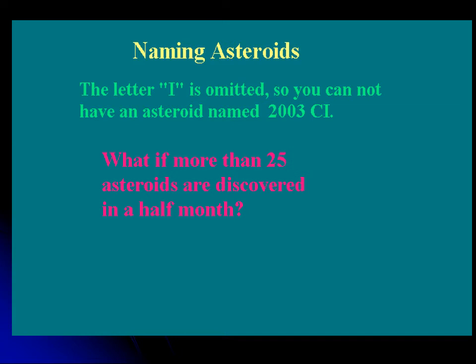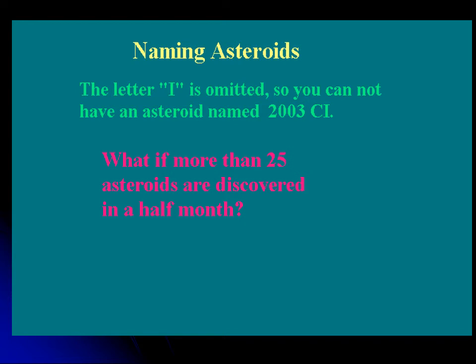Now, for a long time, there was only a handful of asteroids being discovered, and then it got more and more. But you still had only a couple, 2 or 3 dozen discovered per month. And so this system worked just fine, except eventually they got to where they were discovering asteroids way more than that, because of new automated telescopes that scan the sky looking for moving things.